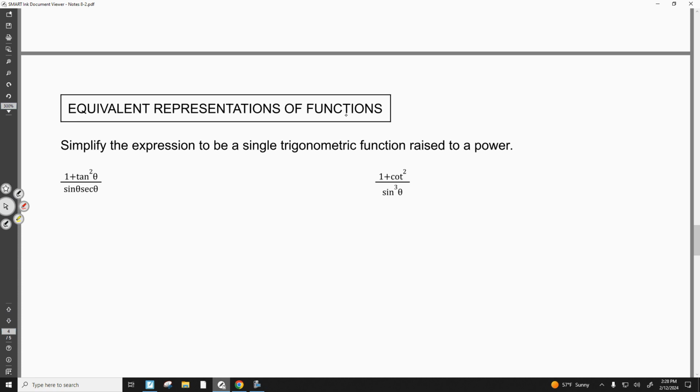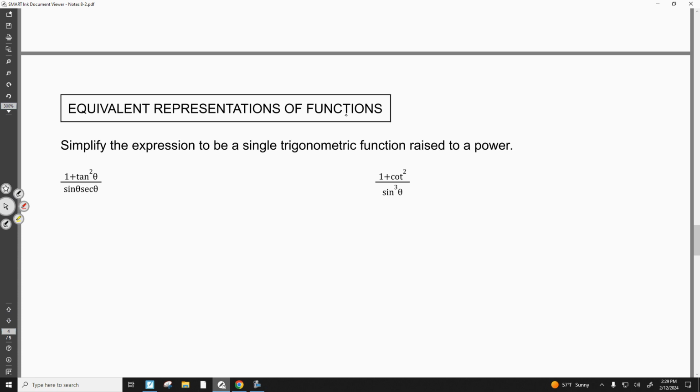We have 3 minutes, so Linda, you're going to help us out. We can practice all of the manipulations through these questions. Simplify this expression so that it's equivalent to a single trigonometric function.